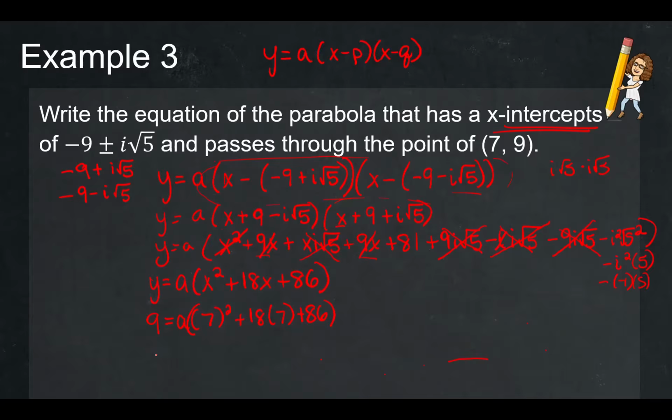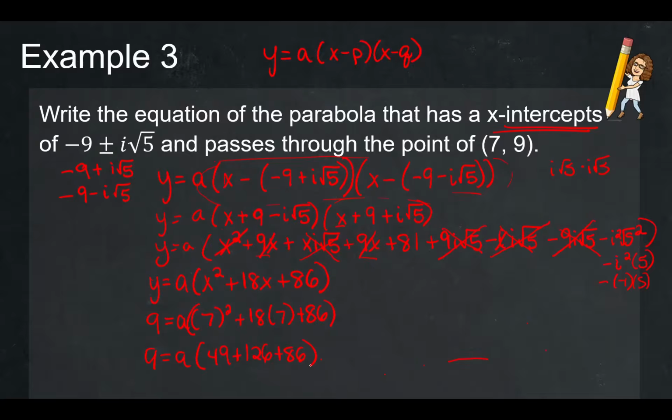Okay, I need a calculator. 18 times 7 is 126. So this is 49 plus 126 plus 86. This is going to be the big number, people.